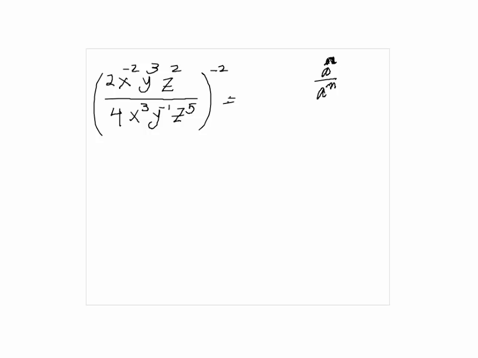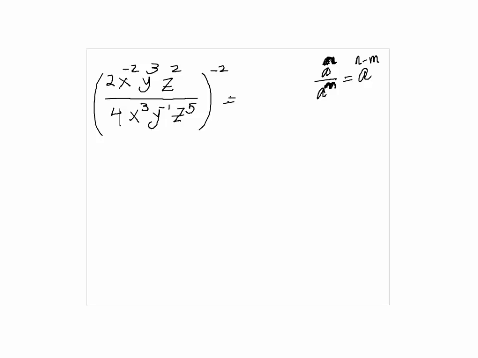If you have something like that, what is this equal to? That would be a to the power of what, Sanit? Should be a to the power n minus m. Right, very good. So if you have a to the power of n over a to the power of m, you have to subtract the exponents.